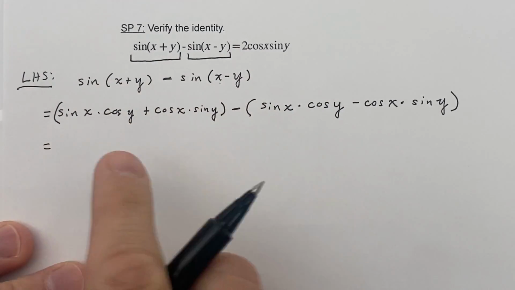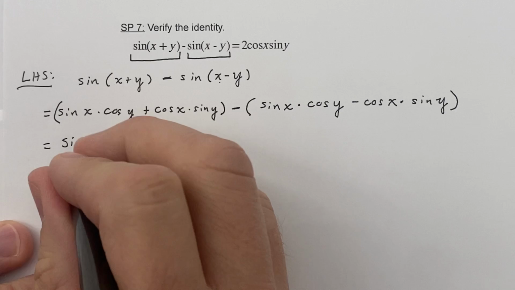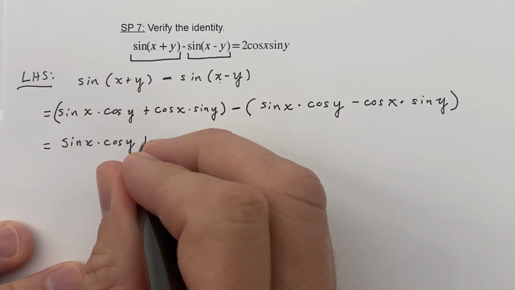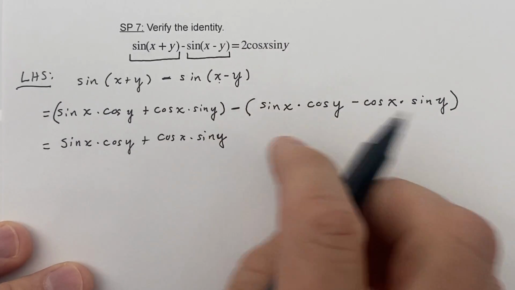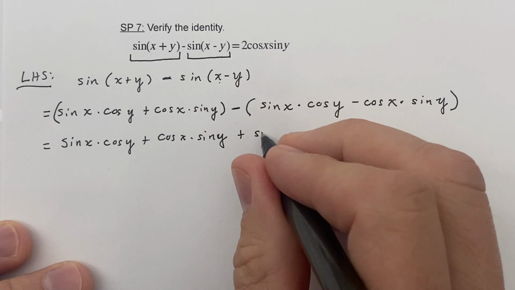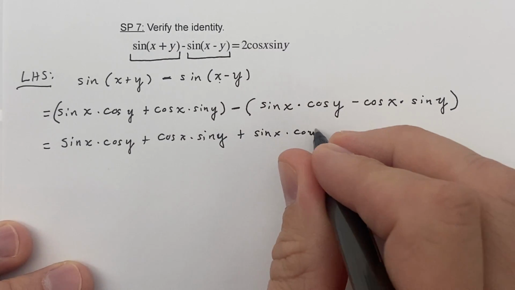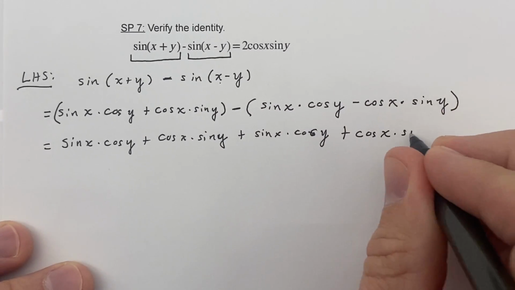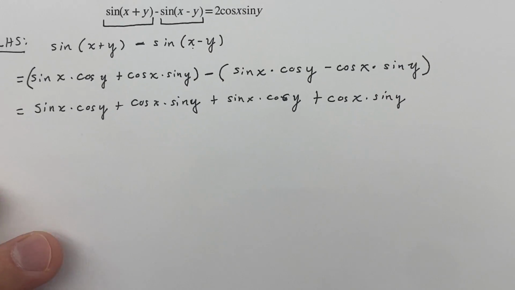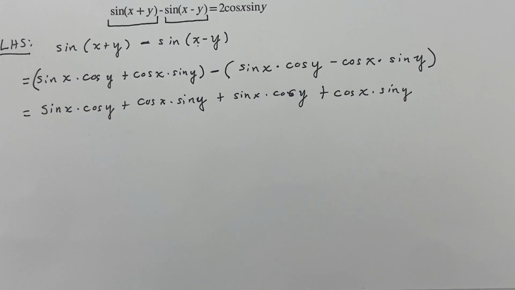As we start to simplify, this set of parentheses really doesn't do anything for us. We've got the sine of x times cosine of y plus cosine of x times sine of y. Let's go ahead and distribute our negative now. Plus sine of x times cosine of y. Double negative makes it positive, cosine of x times sine of y. How many terms do we have here? Maybe the better question is, how many plus and minus signs do we have? 3, right?